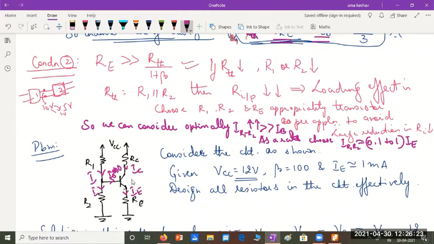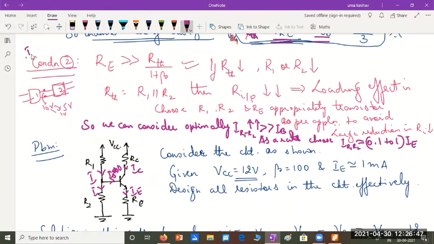We'll consider IC, IE as almost the same because IB is negligibly small. So we should ensure that RE is not made too large and R1, R2 are not made too small, but still we should get efficient biasing so that IE becomes independent of beta.